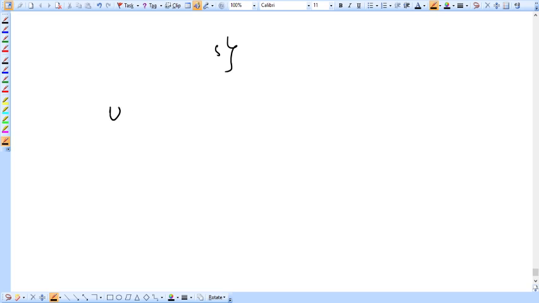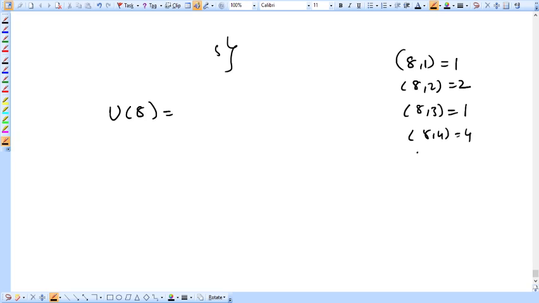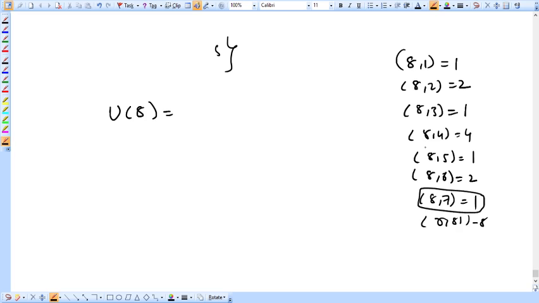U8. So see, these numbers are co-prime with 8, right?